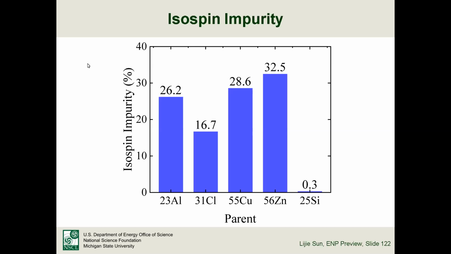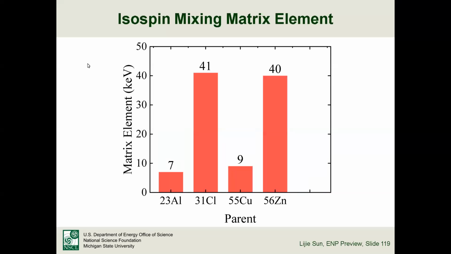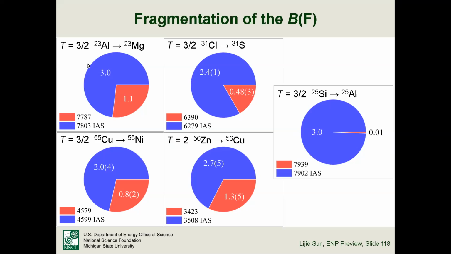I should point out another issue here. I also listed the aluminum-23 isospin mixing data here, but these data sets are still controversial because the previously measured results are not in good agreement with the sum rule, as you can see from this pie chart in the top left.